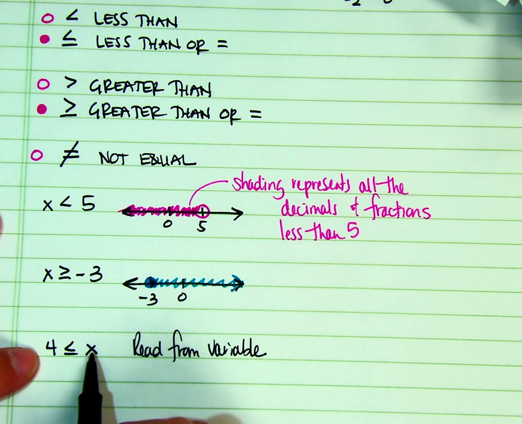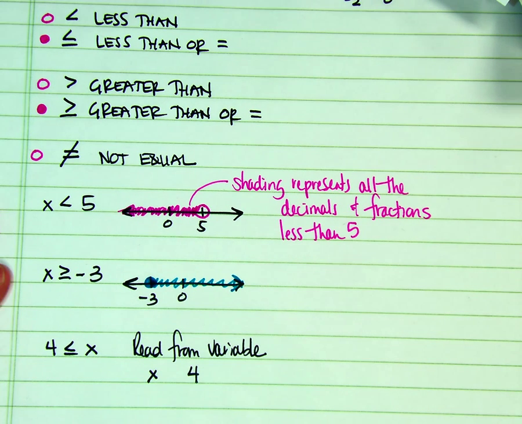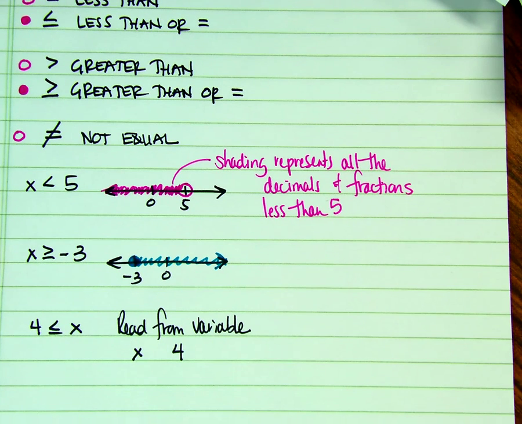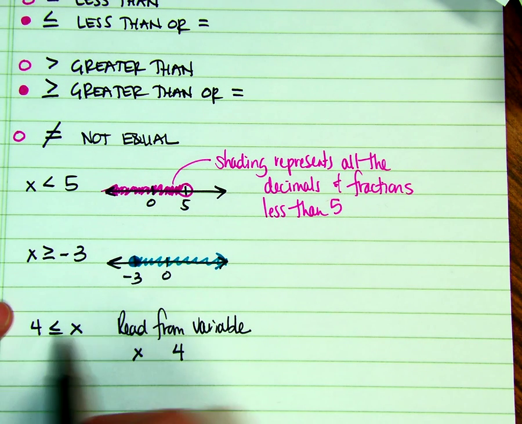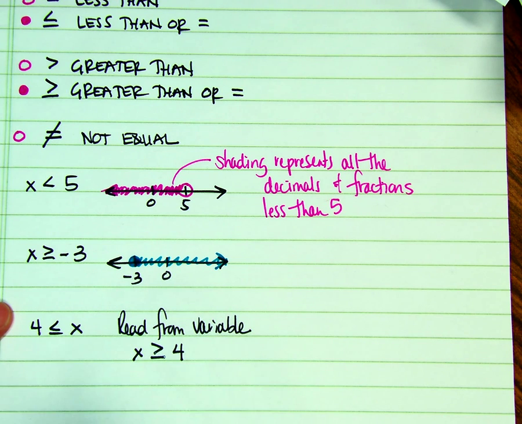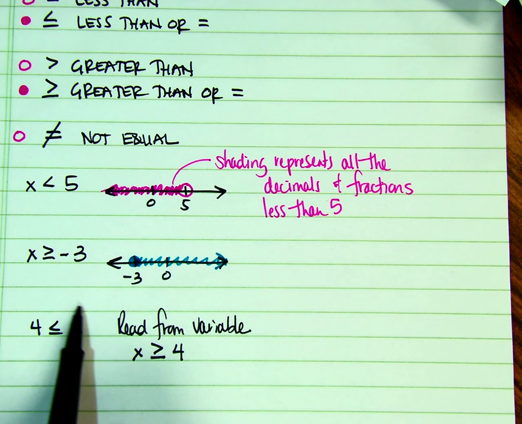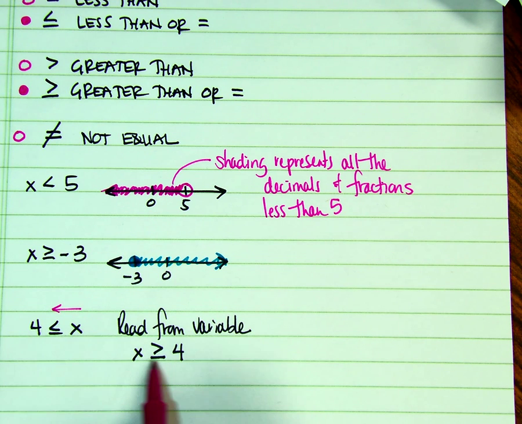So we want the x on the left, and we want the 4 on the right. Make sure that you accommodate for the sign as well. The sign still has to be pointing to the 4. So if I read it from the variable, I'm reading it going this way. So x would be greater than or equal to 4, which is exactly what this says.